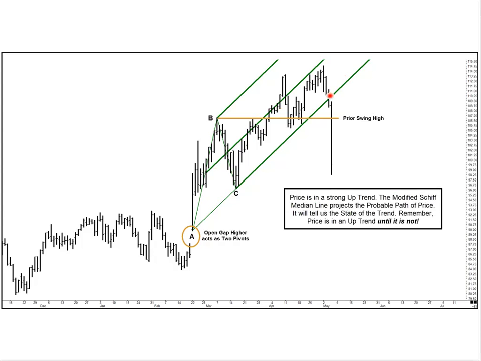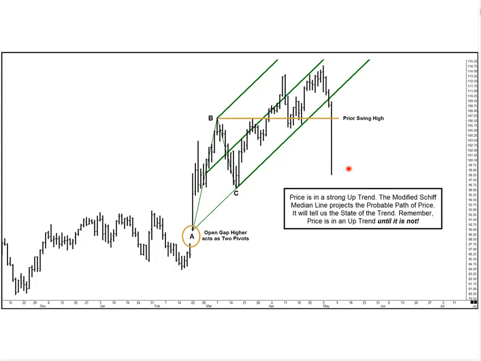So it makes the median line with 80%, makes the lower parallel with 80%, but this time there are no buyers. And what had been resistance the first time around became support, but this time there's not one buyer, and look what happens. Goodbye.